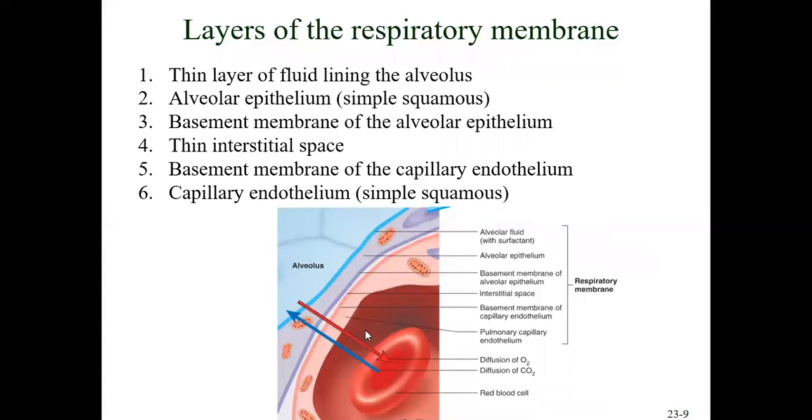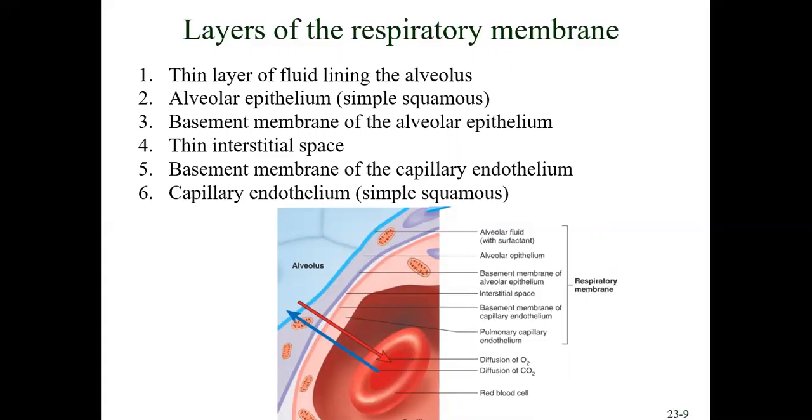And then on the bottom right, you see the capillary again with the red blood cell here. So you're trying to get oxygen to diffuse from the air sac into the bloodstream, and trying to get CO2 to diffuse out of the blood into the air sac so that you can exhale it and get rid of it.